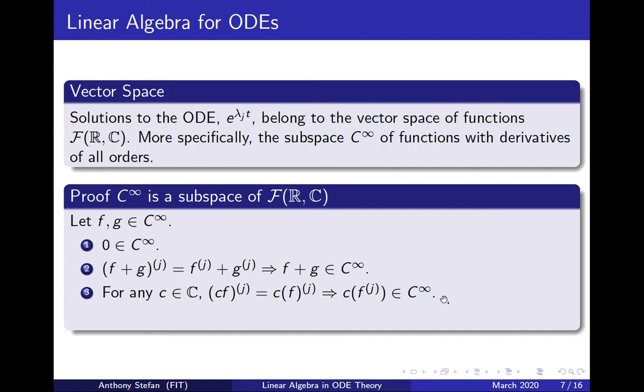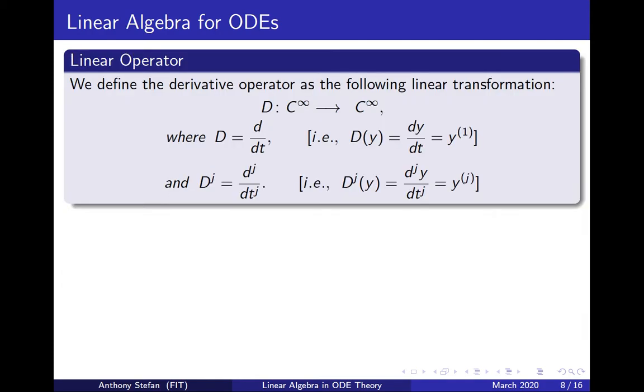Therefore, C infinity is closed under scalar multiplication and addition, so it is a subspace of F from R to C. Okay, so let's examine the linear operator that we're working with. We define the derivative operator as the following linear transformation, D, where functions of C infinity are mapped into itself.